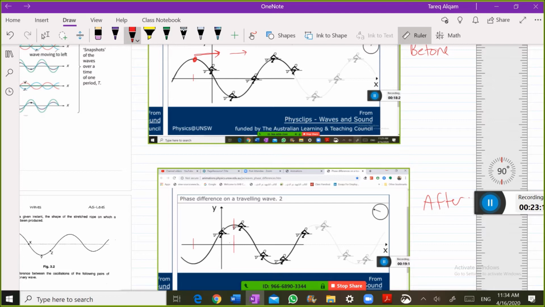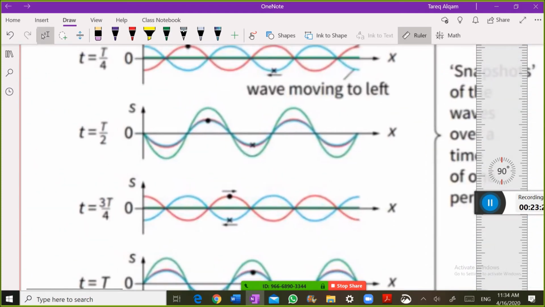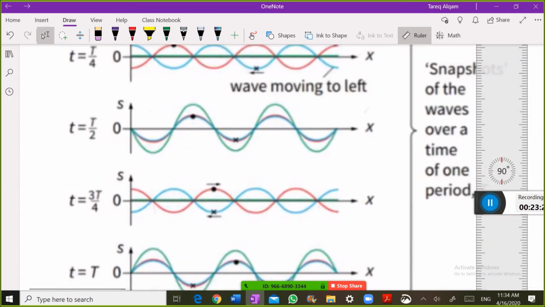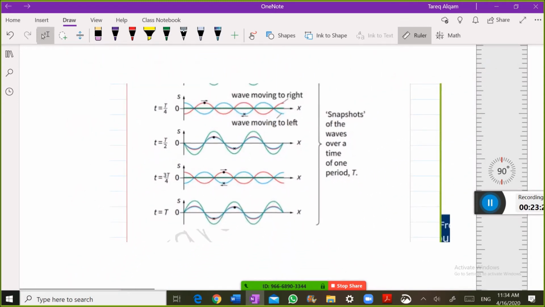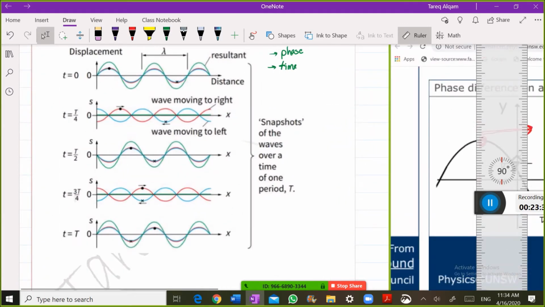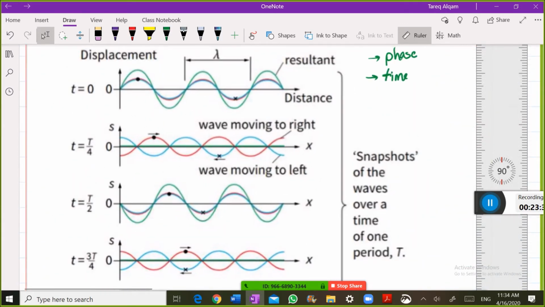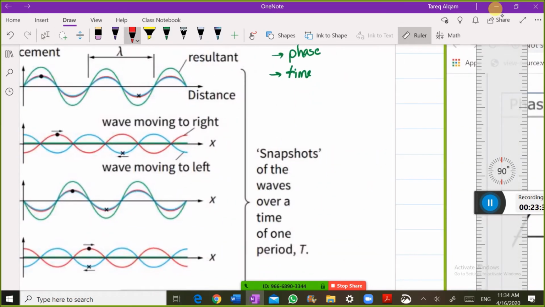Right. If I go to the standing waves, can anyone tell me, roughly speaking, after certain time, let's say quarter period or half period, this is the shape of the wave at first moment.